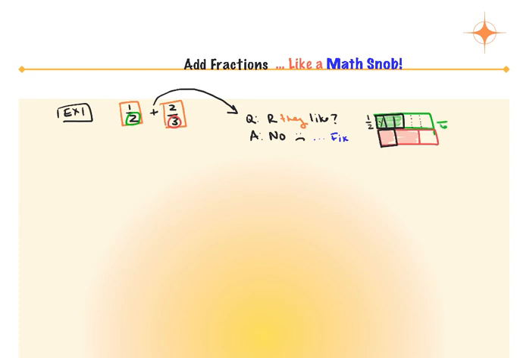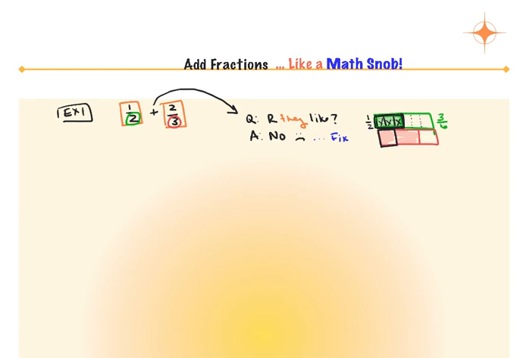So we've got 1, 2, 3, 4, 5, 6 pieces, which means that my 1/2 really is the same thing as 3 pieces of 6. 3 pieces of 6 is the same thing as my 1/2.